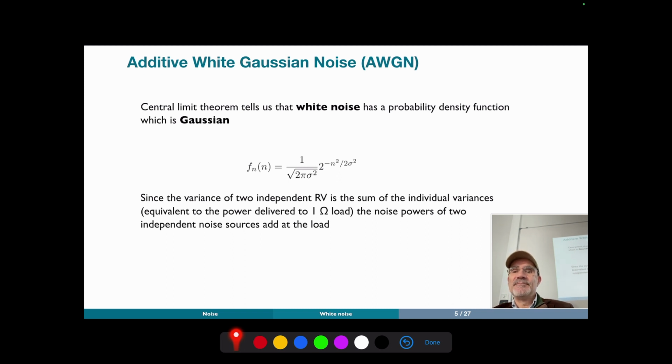And since the variance of two independent random variables is the sum of the individual variances, which is equivalent to the power delivered to a 1 ohm load, the noise powers of two independent noise sources add at that load. Which means that if we have two noise sources, for example two resistors, the total noise is obtained by adding the powers of these two sources. The powers add, not the amplitudes, but the powers. Okay, that's what it says.